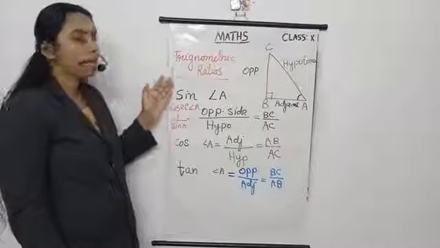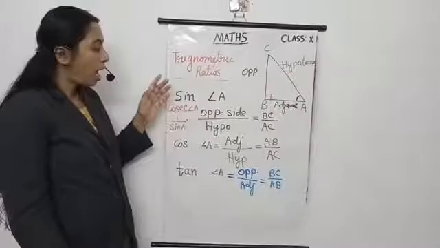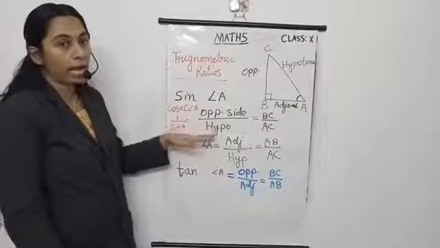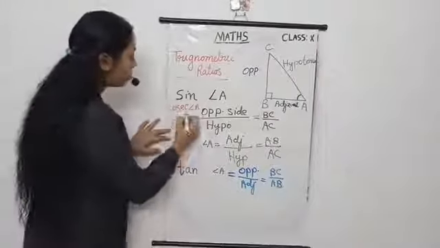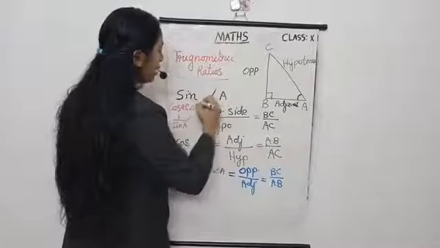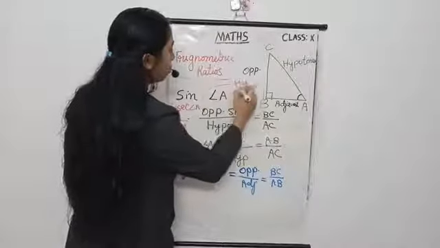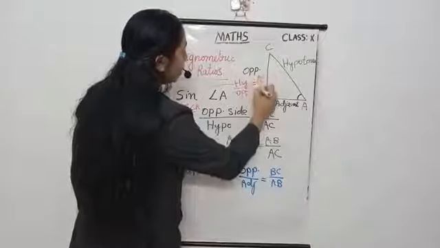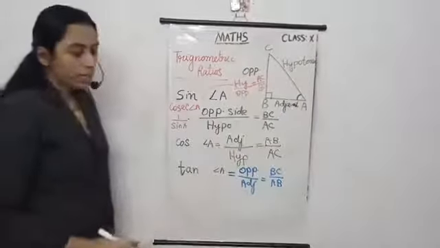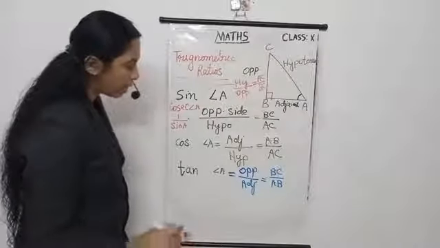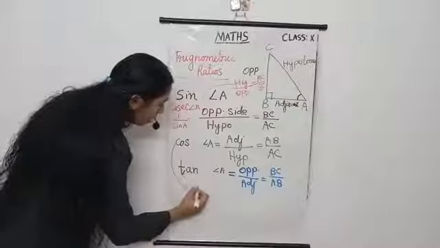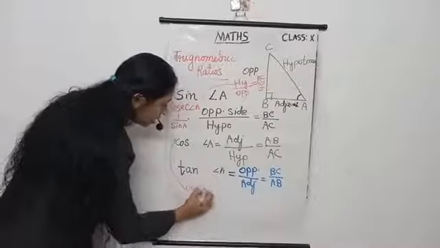So cosec and sin are related, and cosec angle A is hypotenuse by opposite side, and this is AC by BC. And the next ratio is secant. Secant is related to cos, and the short form is sec.